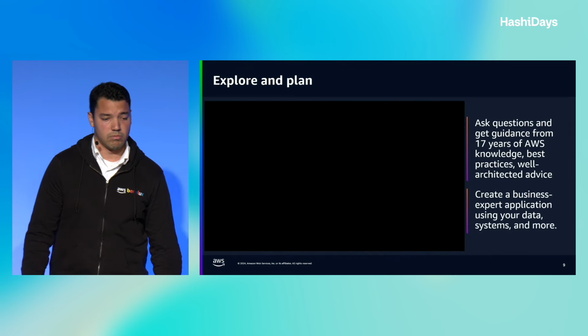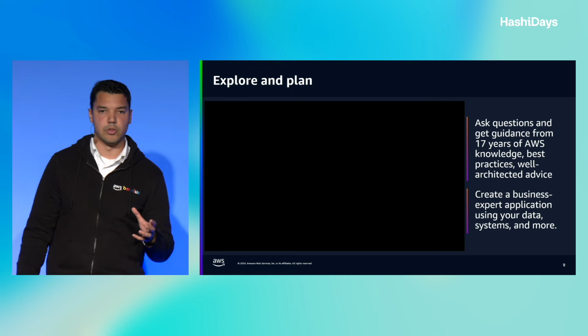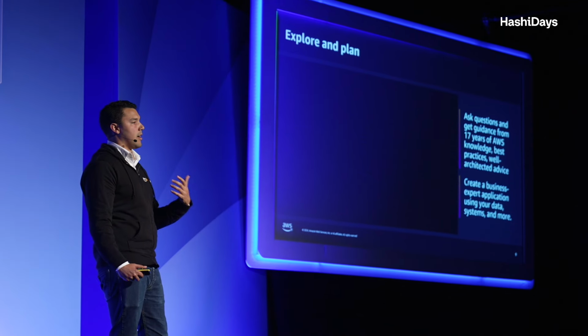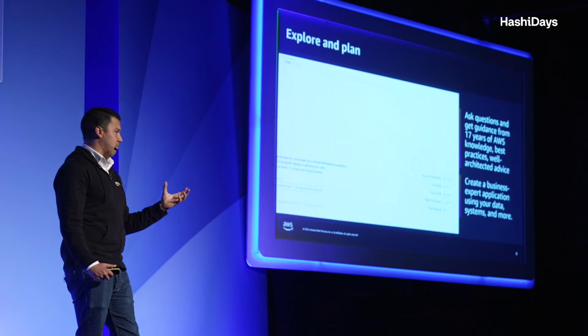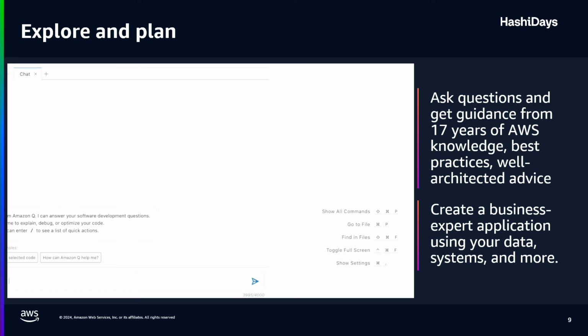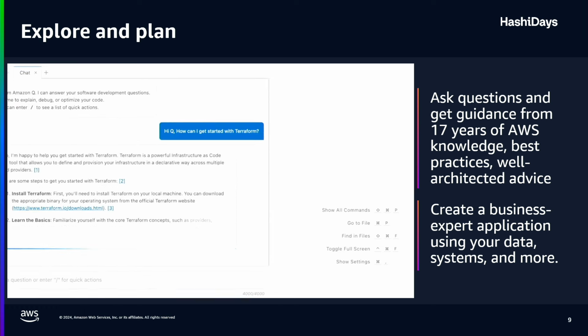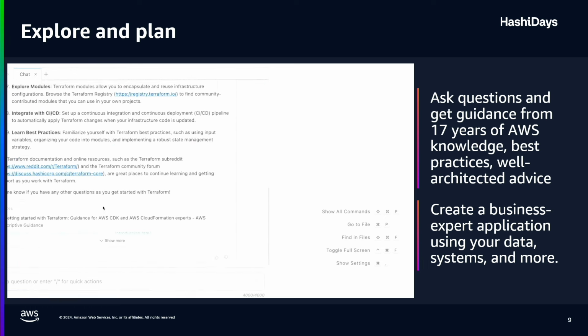So let's get started. The first thing you will need to do to start using Q is install it. You can do that in different ways, but I chose one that is very familiar for me, that is going with Q in the IDE. And I am going to simulate what Bob is going to ask Q, for example, to understand how he should start working with Q. So the first thing is, hey, I would like to understand what is actually Terraform.